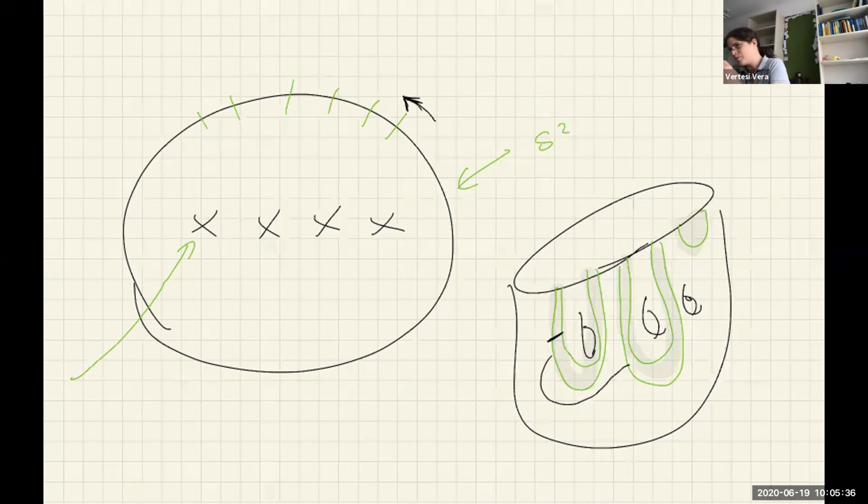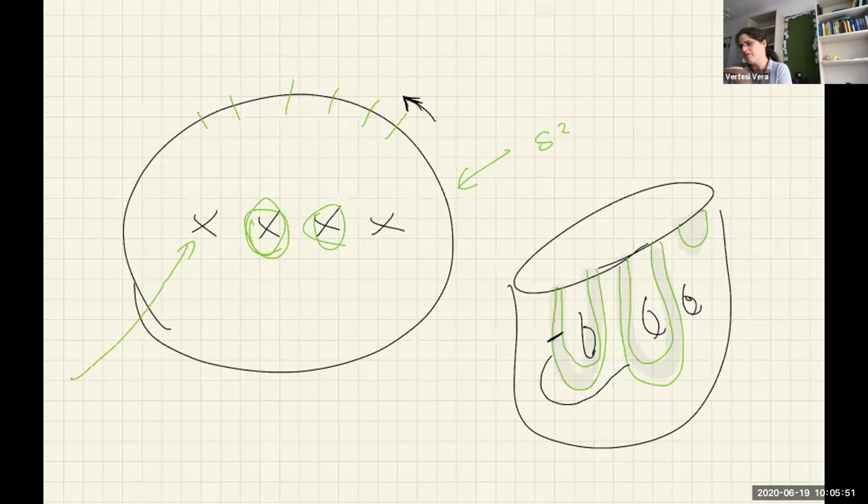So what I'm saying is that you can pair the cutting and the gluing ones so that they give you a Dehn twist, and this Dehn twist actually is one of these. Okay, I'm almost done with that section.